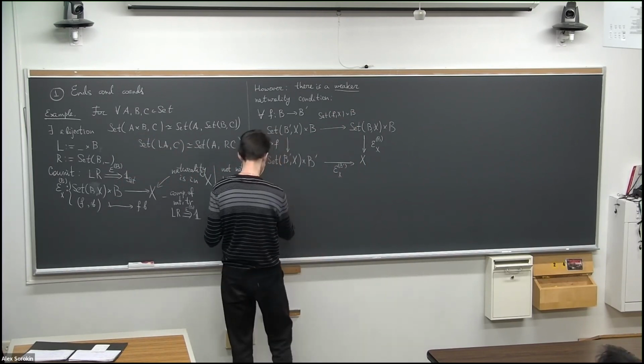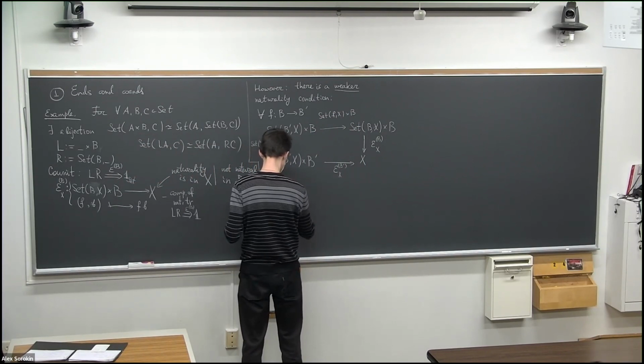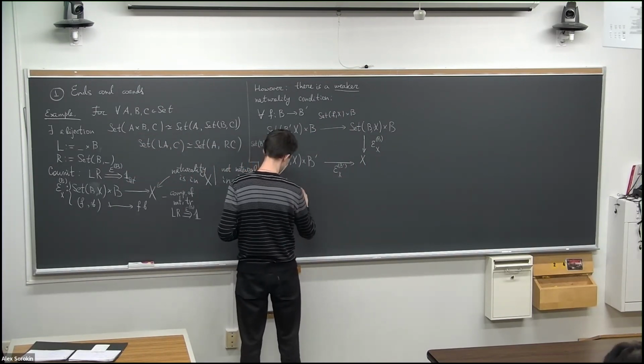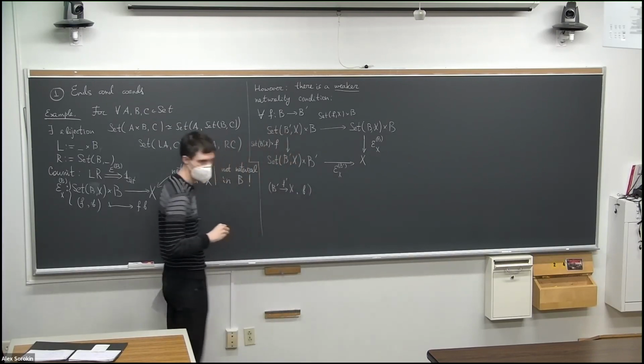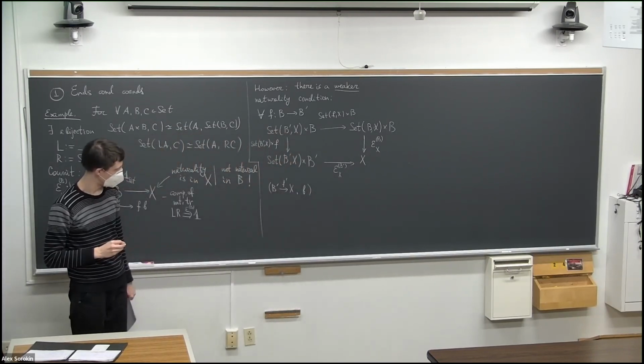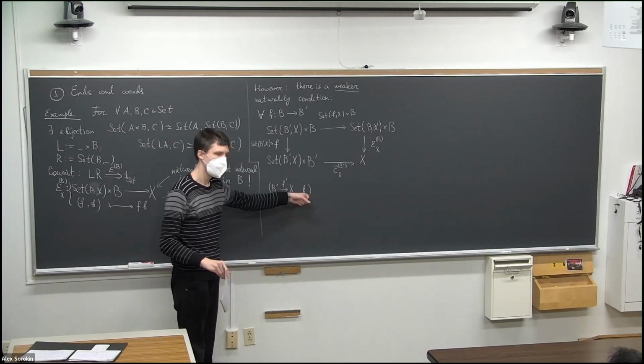So when we have a map f prime from B prime to X and an element of B, and I want to apply f prime to b, what should I do?